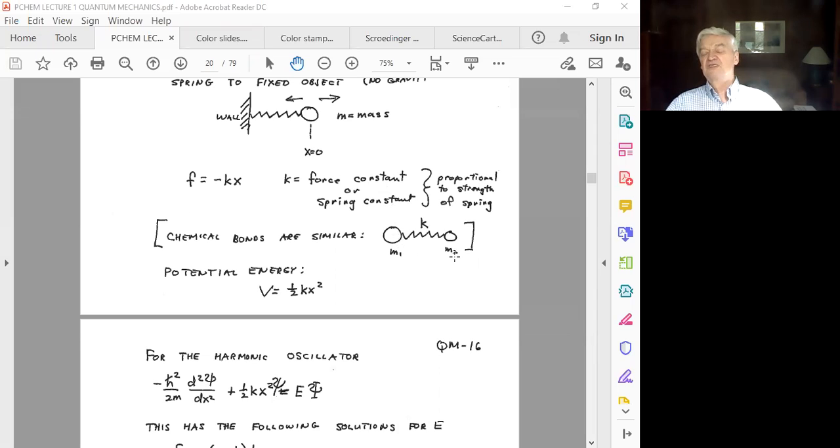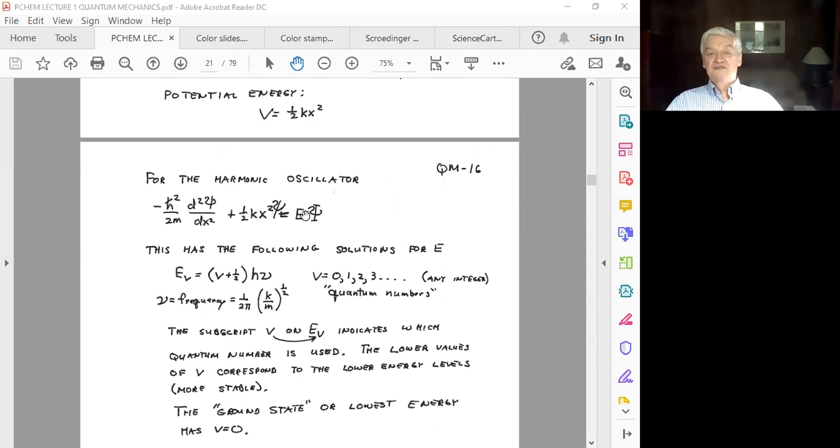If you hook two atoms together, say it's got a spring constant or force constant of K, that's the representation that we have. All right, so this is what the harmonic oscillator Schrodinger equation looks like. Notice we've stuck in the 1/2 kx squared. We'll look a lot more at these solutions later, but just for now, I'm going to give you that the energy levels are given like this.